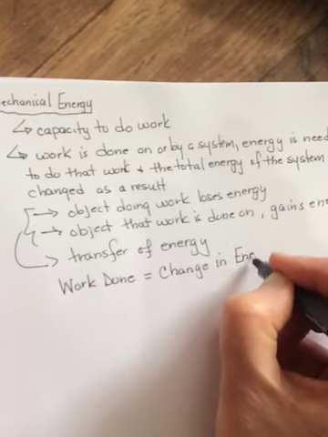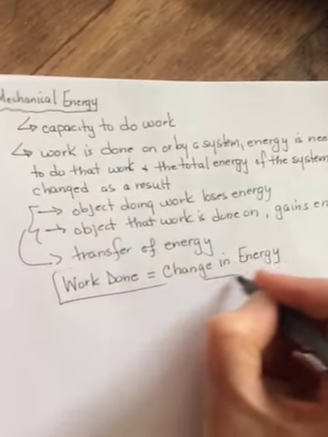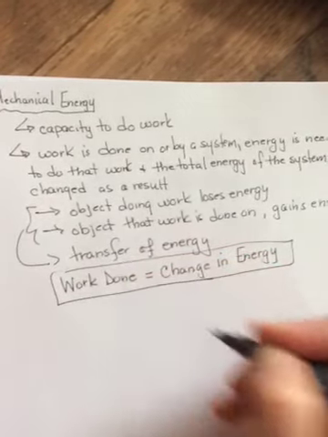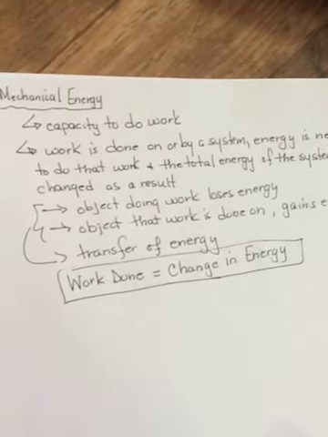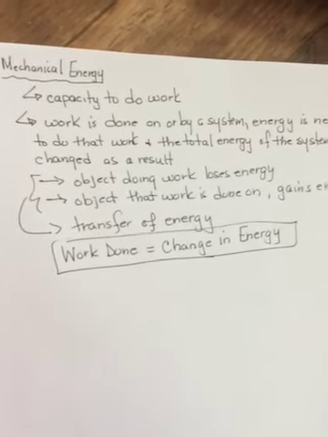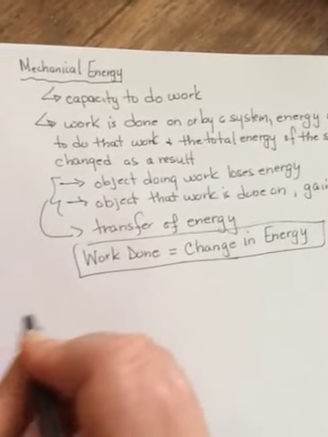Okay, and as we go through the three different types of energy in the next 2 days, we'll keep coming back to this because it's true. No matter which type of mechanical energy we're looking at, the work done will result in a change in energy. It might be a different type of energy in each case, but it'll still be an energy. All right, I think you'll understand as we keep going.